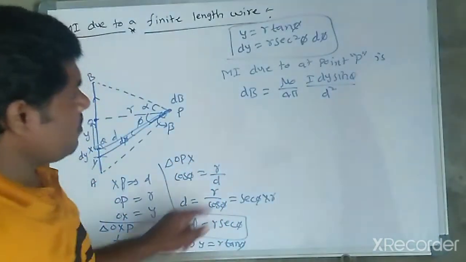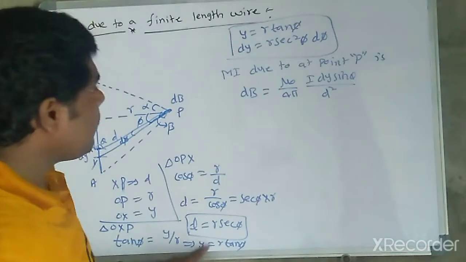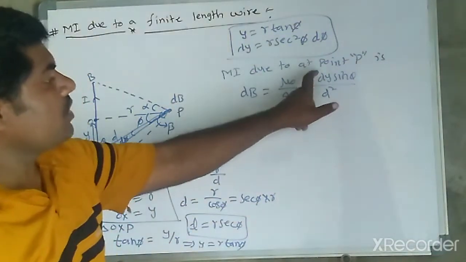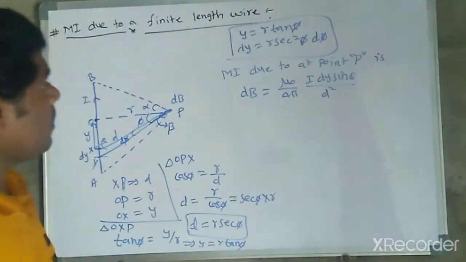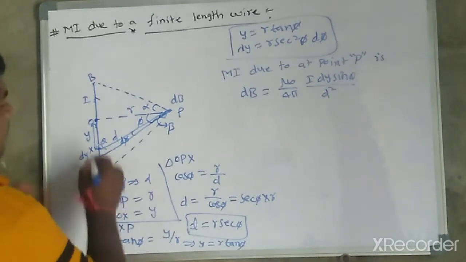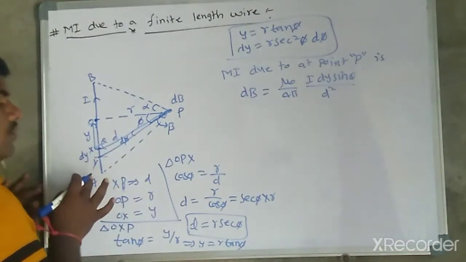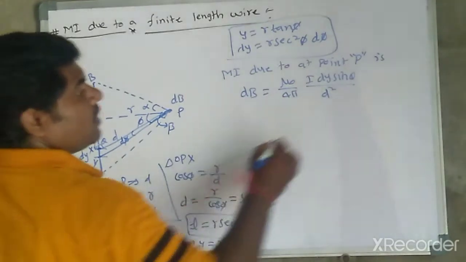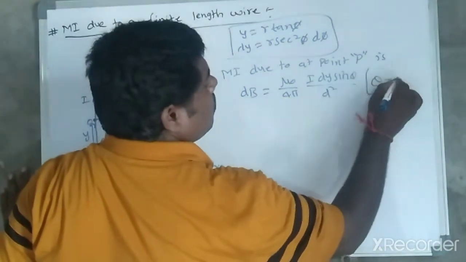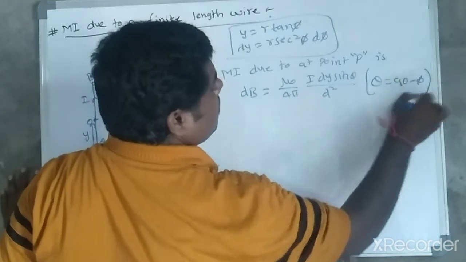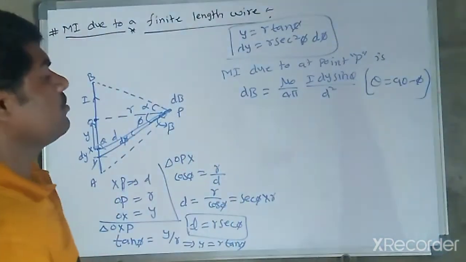Substitute the dy value here, and the sin theta. This theta value we don't know, only phi we know. That's why theta is equal to 90 minus phi.